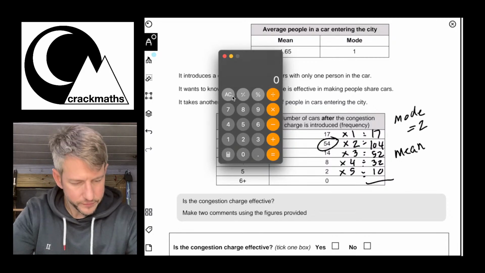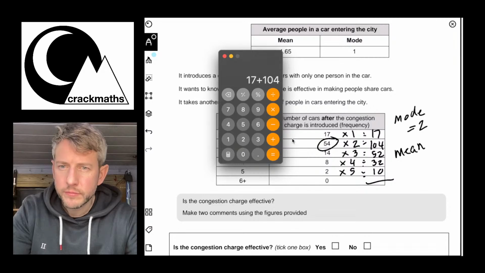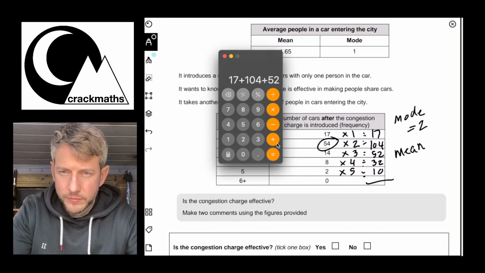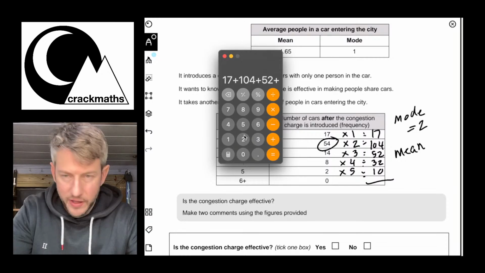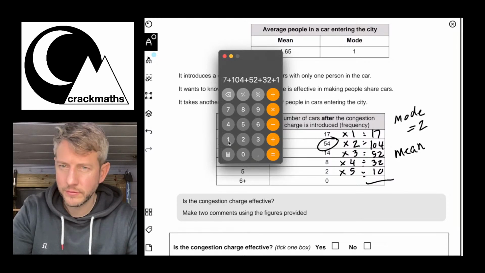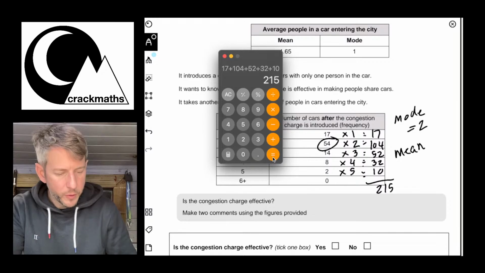So, 17, add 104, add 52, add 32, add 10. And that equals 215. So there was 215 people.